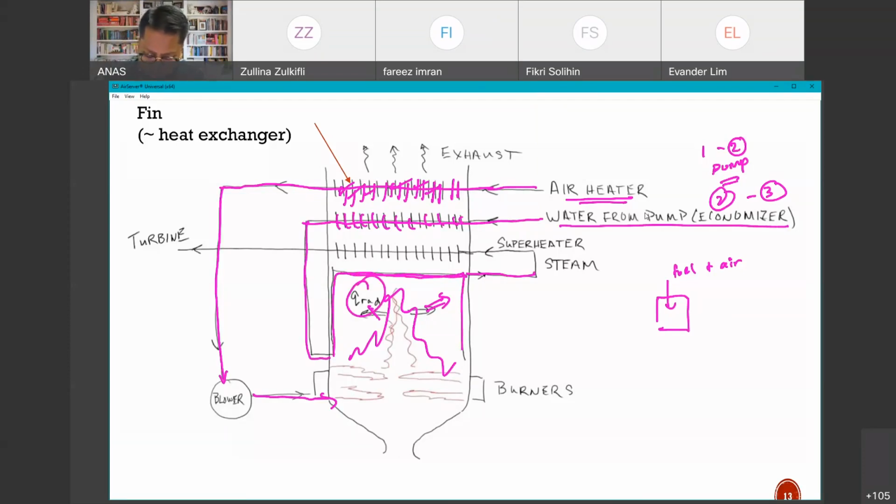From liquid, it is heated up, and by the time it exits here it should be vapor already, in terms of superheated steam. But it is not finished yet. We go back and pass through the system again, so that we can increase the temperature of the substance before it enters the turbine at point 3.